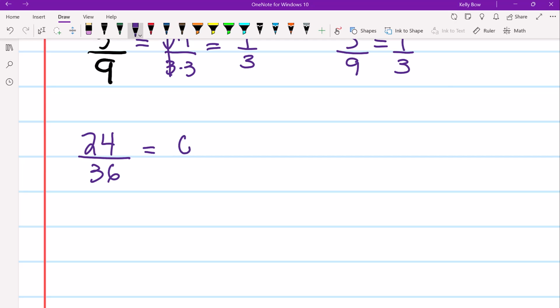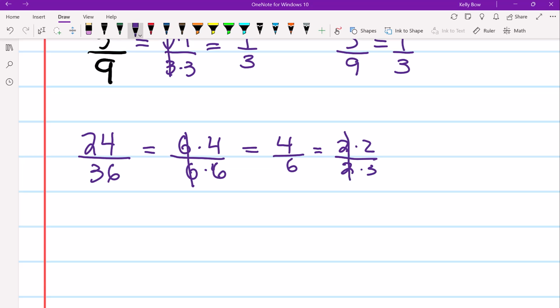So you could just have them start with 6. 6 divided by 6 is 1. But now what they have is 4 over 6. These both have a 2 in common. So 4 is 2 times 2. 6 is 2 times 3. So 24 over 36 is equivalent to 2/3.